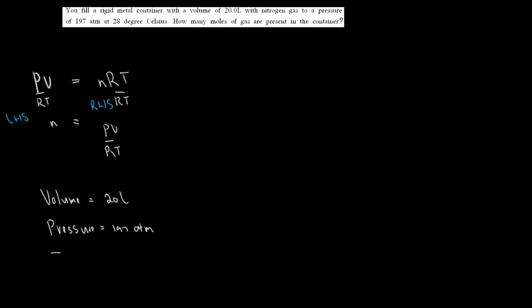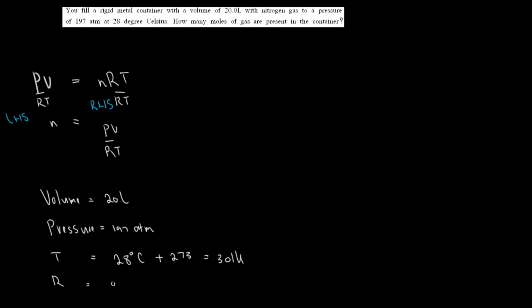Our temperature is 28 degrees Celsius. As I've said before, we always want to convert Celsius to Kelvin, so I add 273, and this gives me 301 Kelvin.